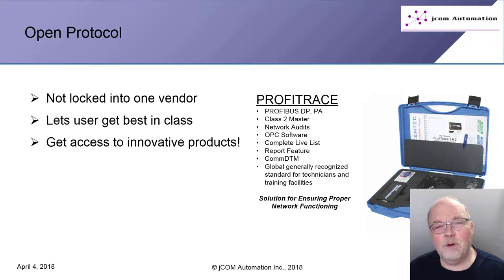You could have third-party companies come in and innovate neat products that, if you're just one vendor producing everything for a plant, you're limited in what you can do. Even the big guys, General Electric, Siemens, there's only really so many things that they could do. So in the case of Profibus here, I show the example of ProfiTrace, a diagnostic suite that was absolutely brilliant.